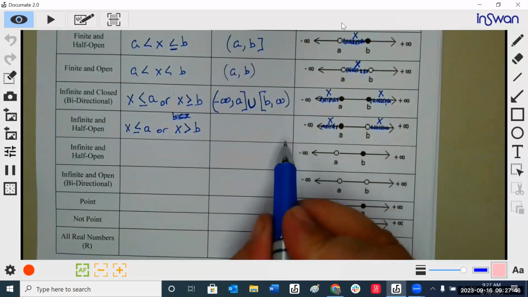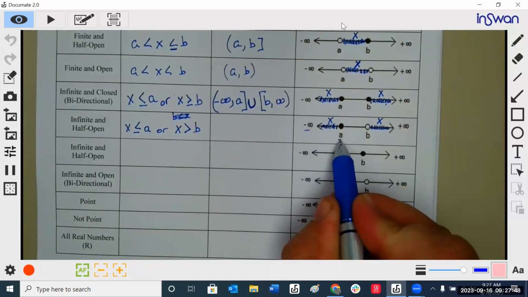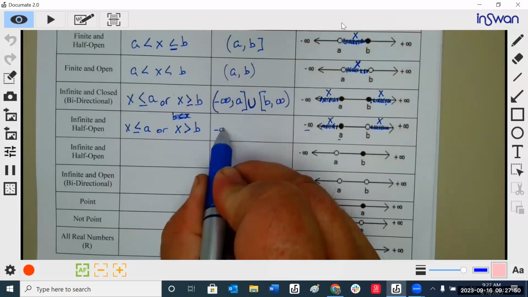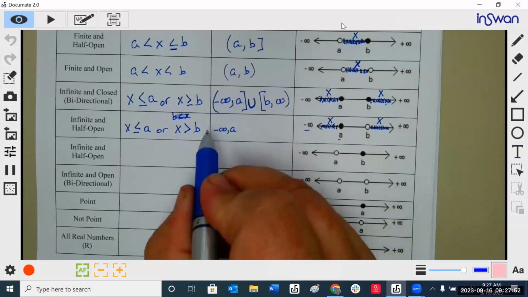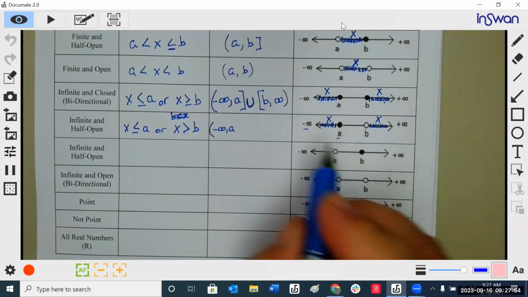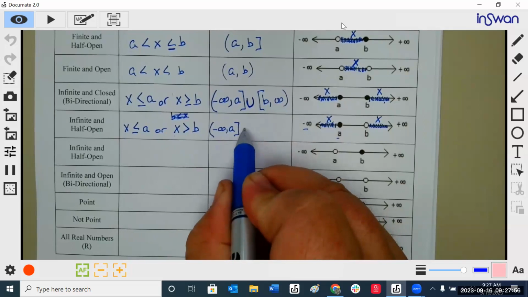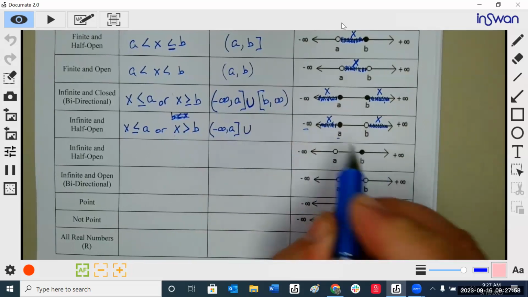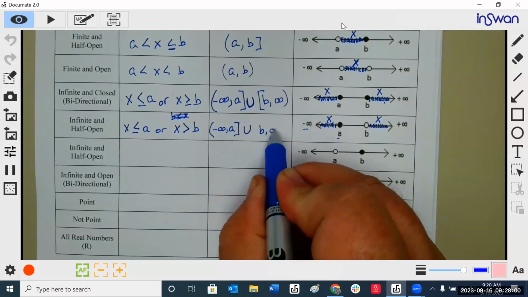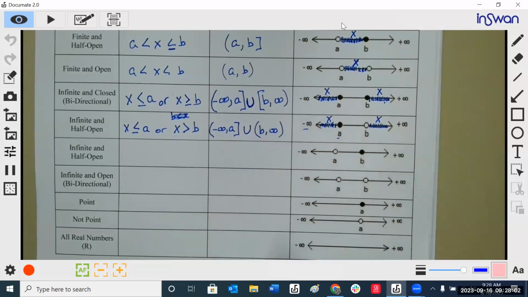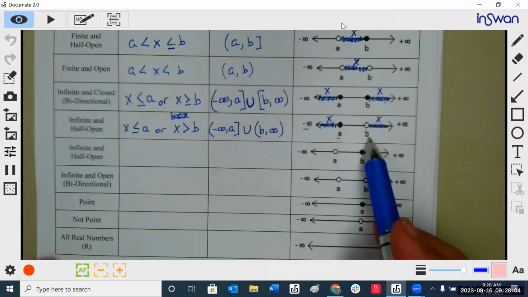So here we have our lowest and highest points: negative infinity, comma A, and that's a bracket. Union with B, comma infinity, and those are both parentheses. That's an open circle.